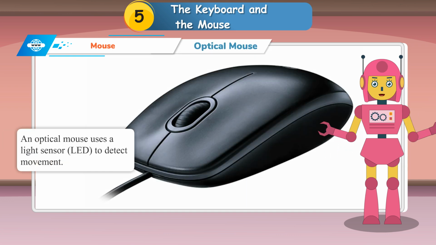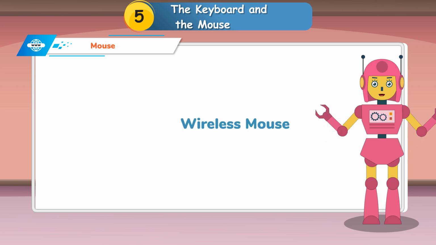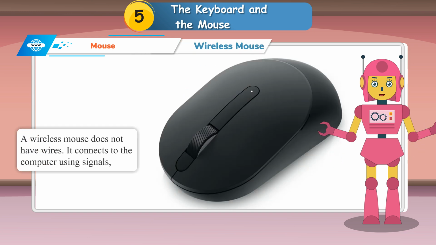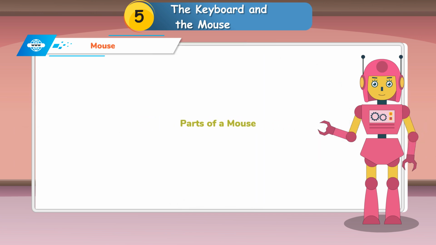An optical mouse uses a light sensor, LED, to detect movement. This type of mouse is very common and more accurate than a ball mouse. Wireless mouse. A wireless mouse does not have wires. It connects to the computer using signals, allowing more freedom of movement.